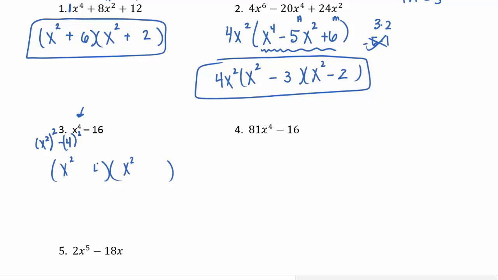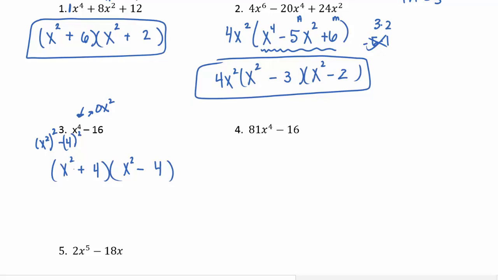Then 16 is 4 and 4. One's positive, one's negative. So when you check your insides and outsides, 4x squared minus 4x squared goes away because there's 0x squared in the middle. And then 4 times negative 4 is negative 16. So the difference of squares pattern works for quartics also.